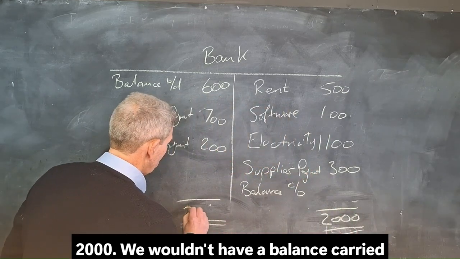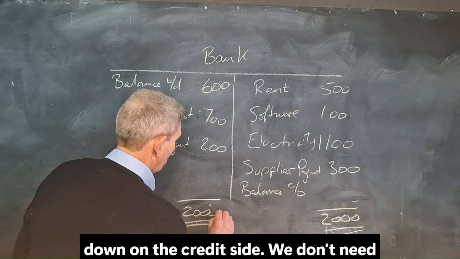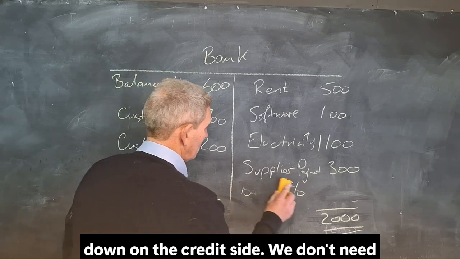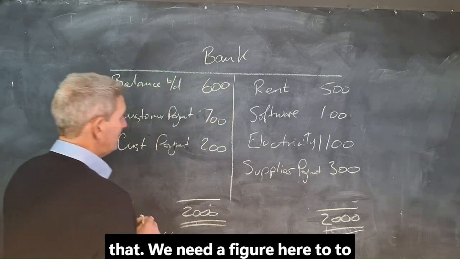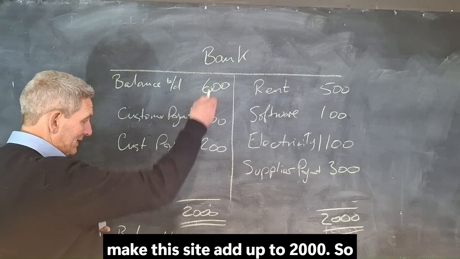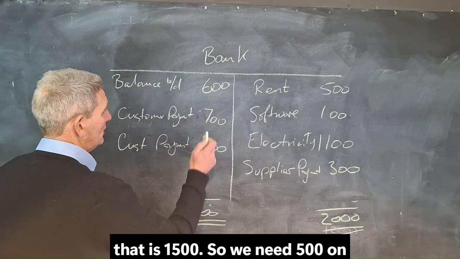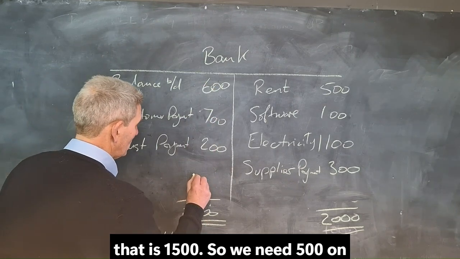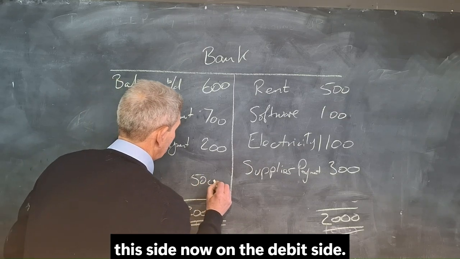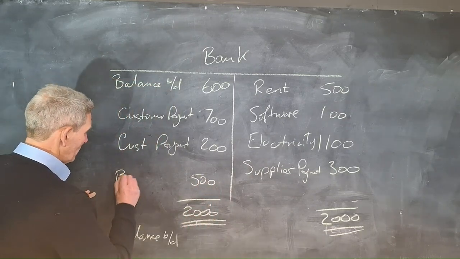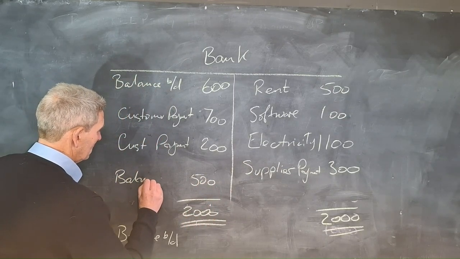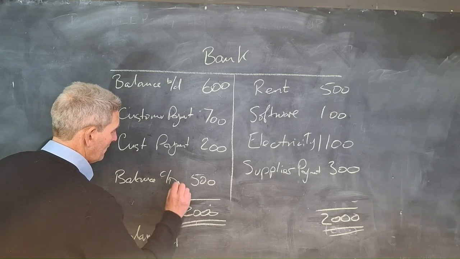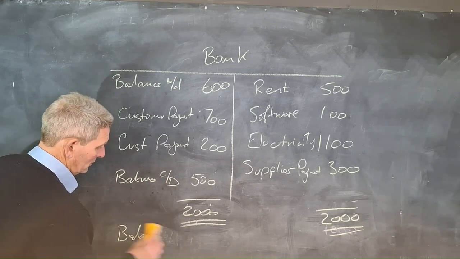So this would also be 2,000. We wouldn't have a balance carried down on the credit side. We don't need that. We need a figure here to make this side add up to 2,000. So that is 1,500. So we need 500 on this side now, on the debit side. That would be the balance carried down. We're going to carry 500 down.